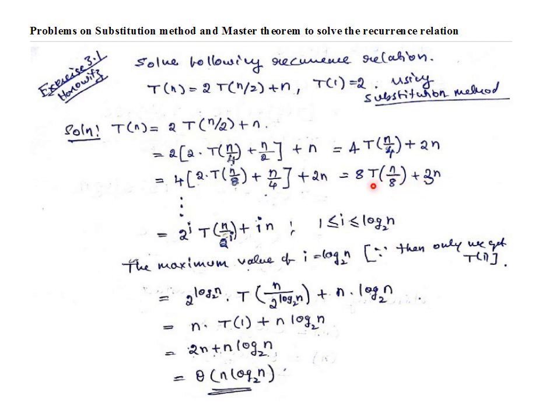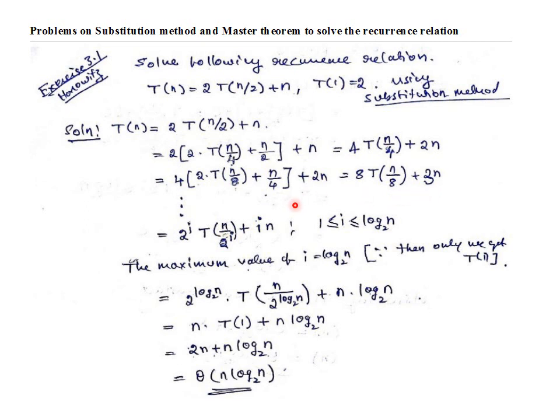Now this we can write as 2 to the power 3 into T of n divided by 2 to the power 3 plus 3n. Similarly, we can substitute the values further and obtain 2 to the power 4 into T of n divided by 2 to the power 4 plus 4n. And with further substitution we will get 2 to the power 5 into T of n divided by 2 to the power 5 plus 5n.